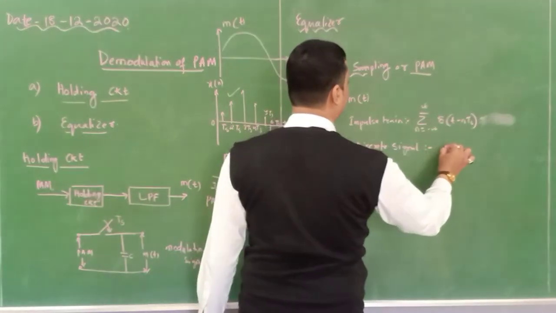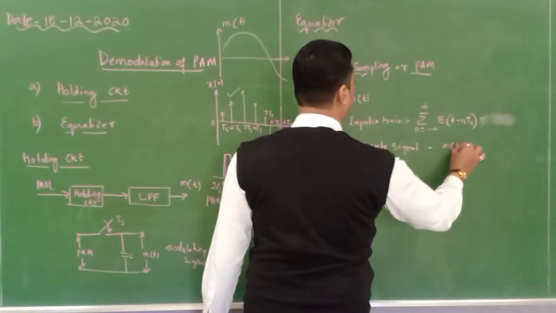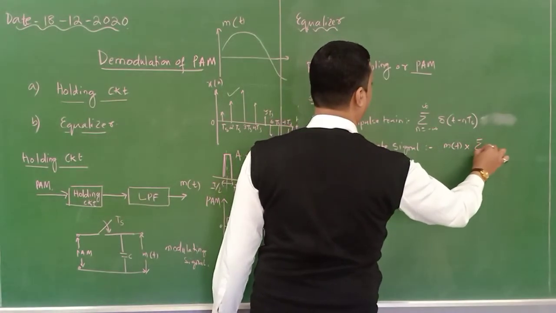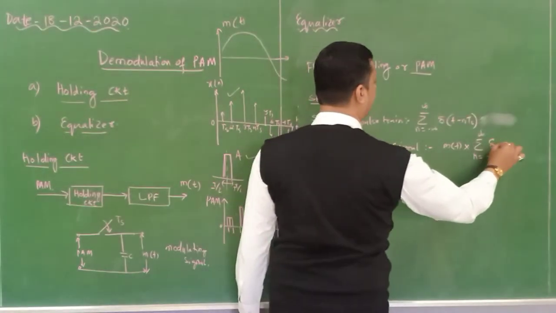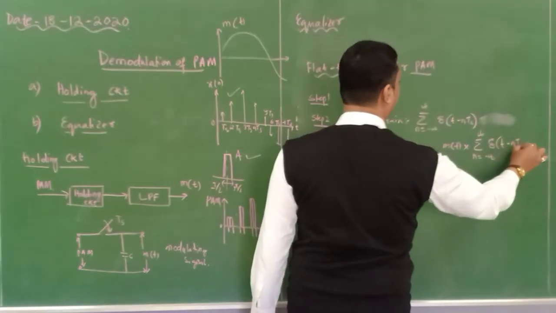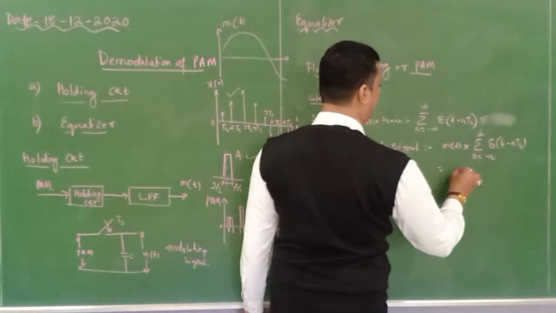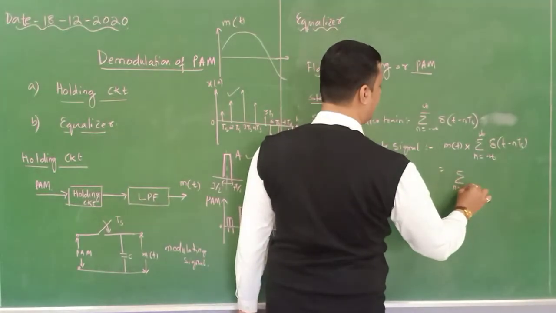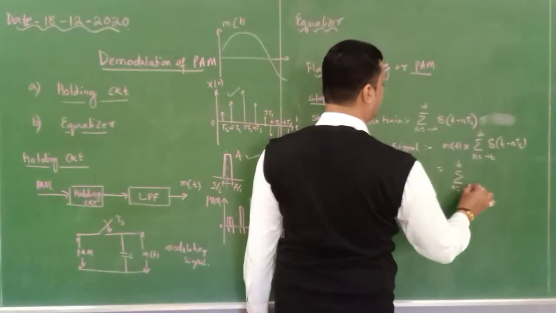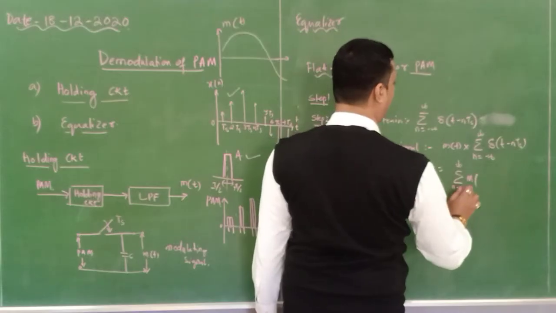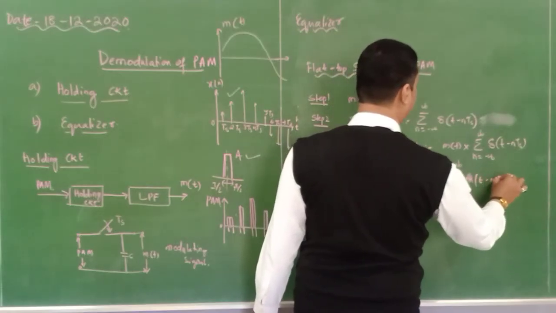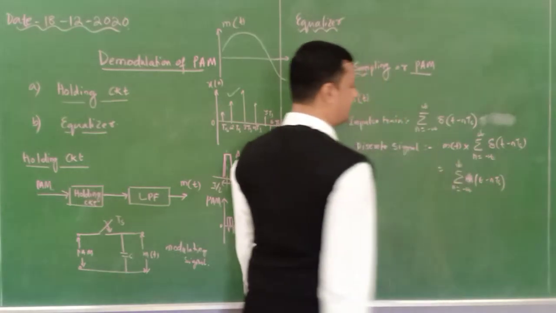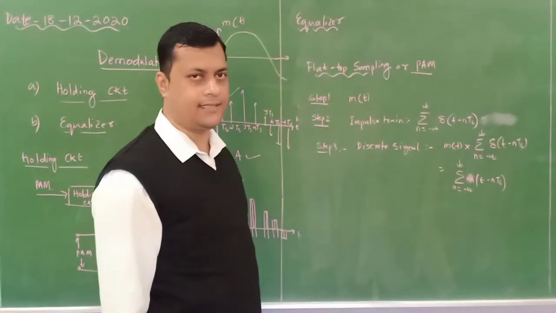That is m of t multiplied with summation n equals minus infinity to infinity of del of t minus nTs. If you multiply this, you will get summation n equals minus infinity to infinity of m of nTs. It is a sampled signal, an instantaneous signal.